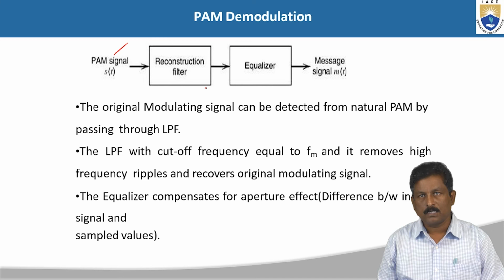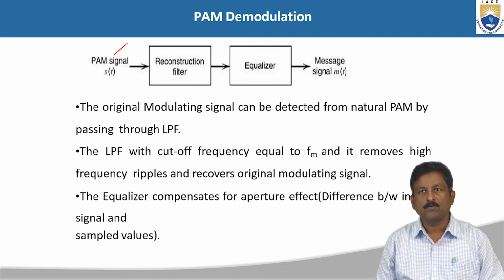So once you have the reconstruction operation, it will be given to the equalizer. The purpose of the equalizer is to compensate the original input signal values. That means the original modulating signal can be realized or equalized by this equalizer.